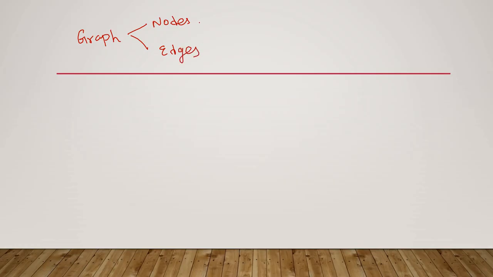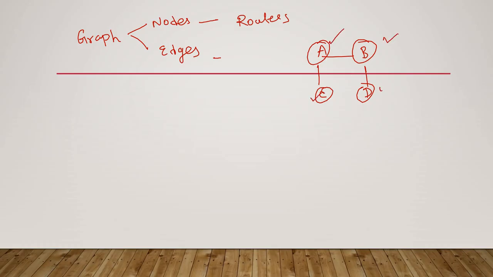Here the nodes are called routers, and the edges connect pairs of routers. For example, A, B, C and D are all nodes, which are considered as routers.